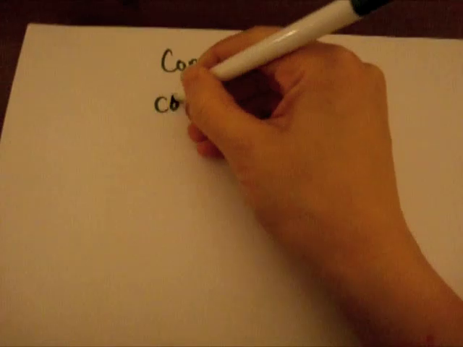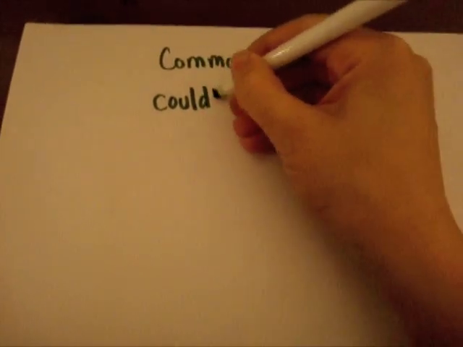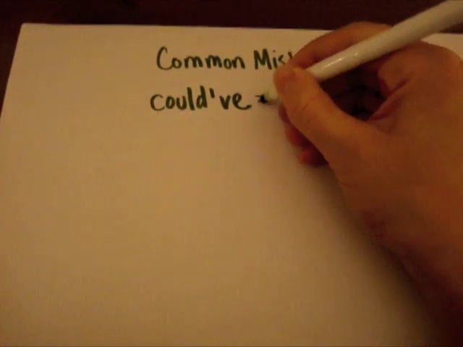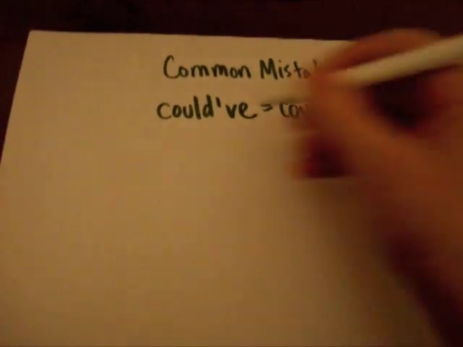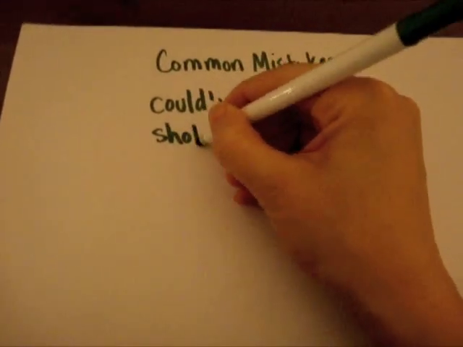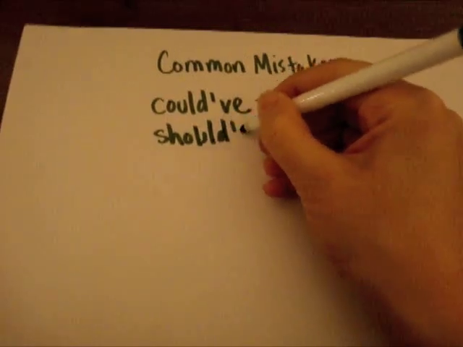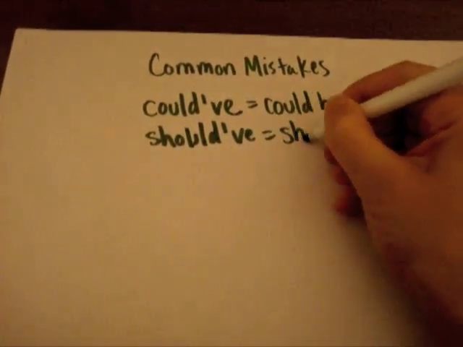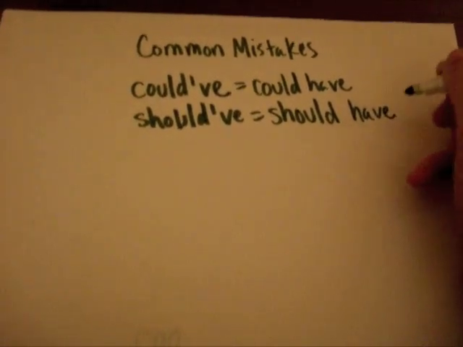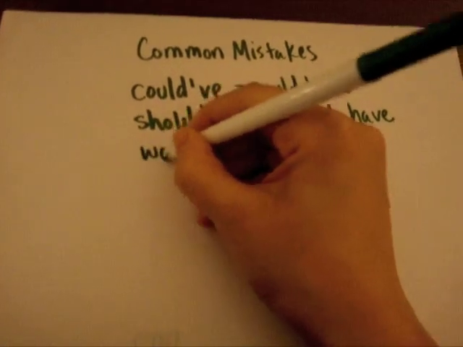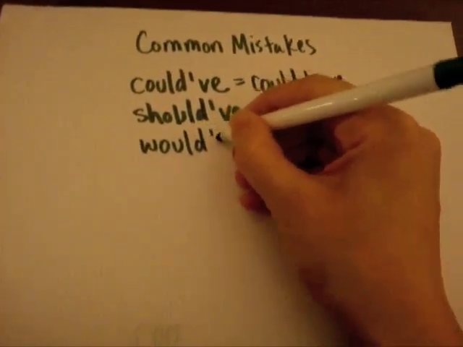One of the most common is that people replace could've, the apostrophe for could have, or should've, the apostrophe representing should have, or would've, with the apostrophe representing would have.